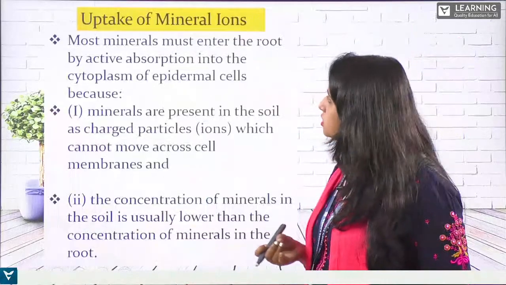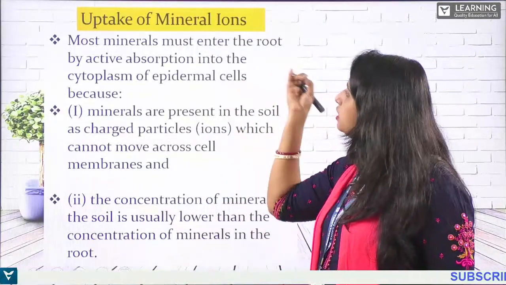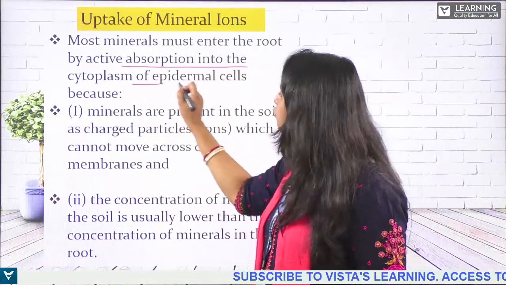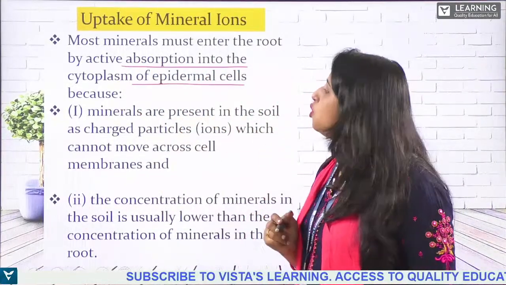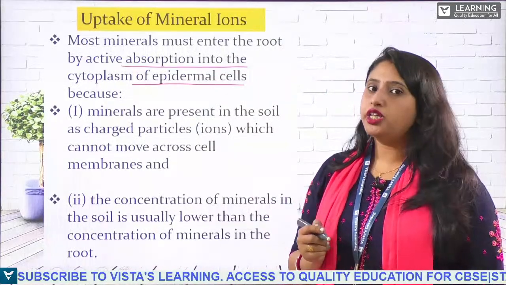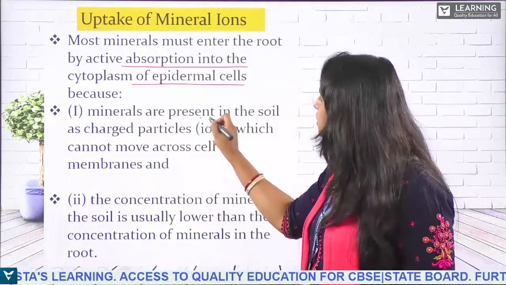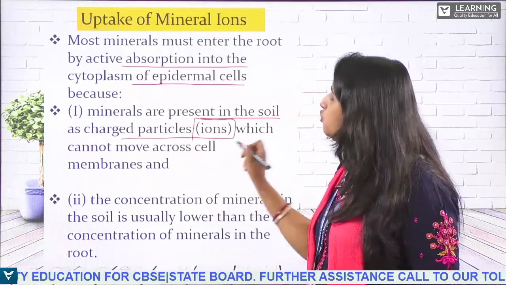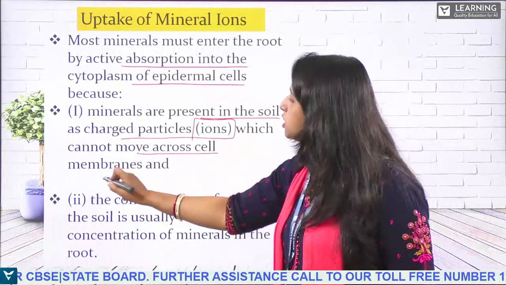Now next, most minerals enter the roots by active absorption into the cytoplasm of epidermal cells. So why are the minerals absorbed by the epidermal cells? Because minerals are present in the soil as charged particles, that is ions, which cannot move across the cell membranes.